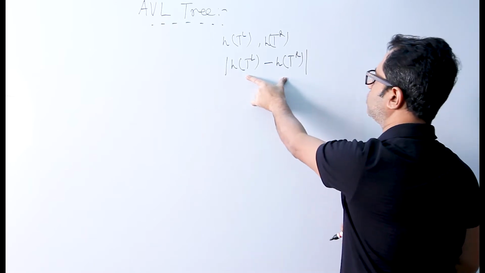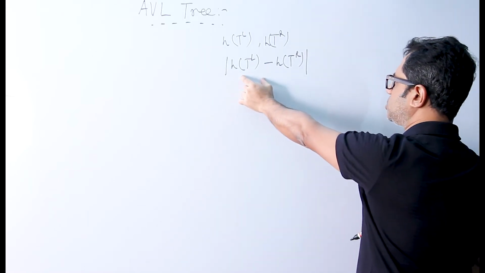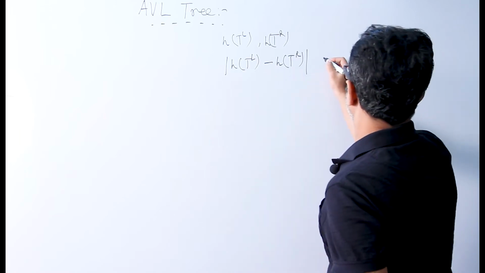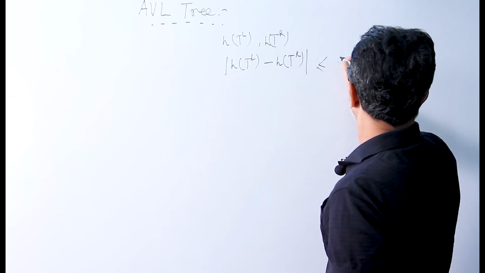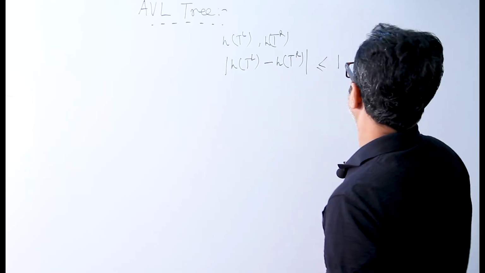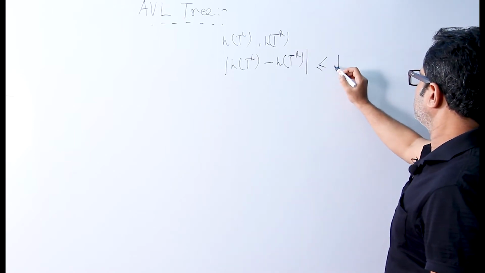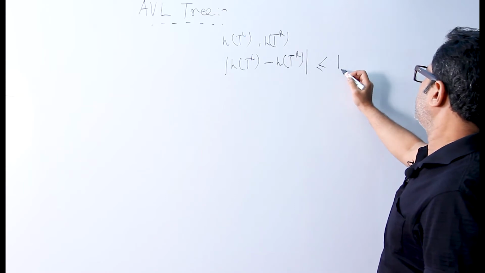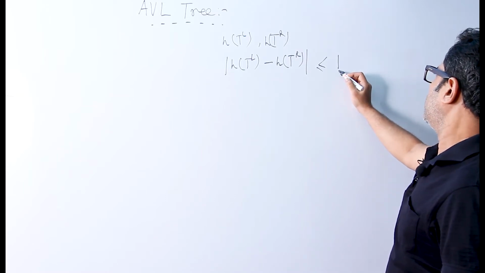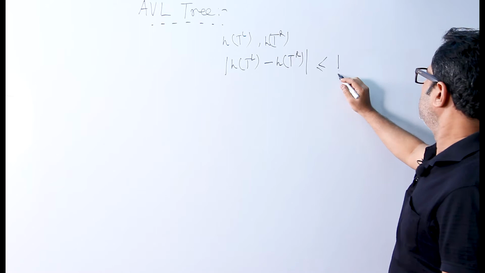The magnitude of the difference HTL minus HTR will always be less than or equal to 1. It will start from 0 and be 1 at maximum, and not more than 1.